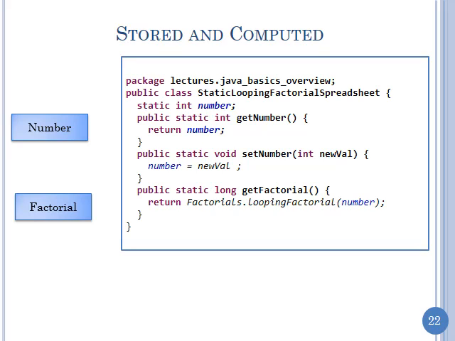And so number is stored, factorial is not stored, it's computed. Okay? And we saw that a dependent property may be stored or may not be stored. So this is a separate classification. Okay? Questions? Okay.